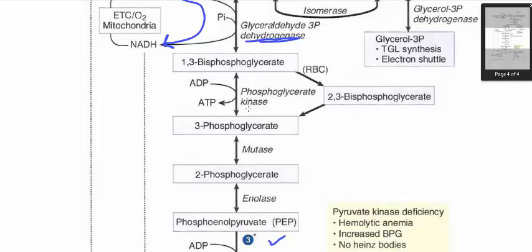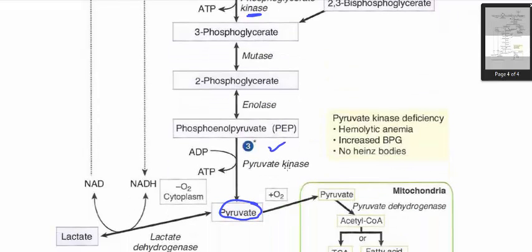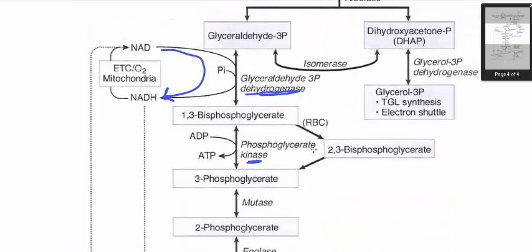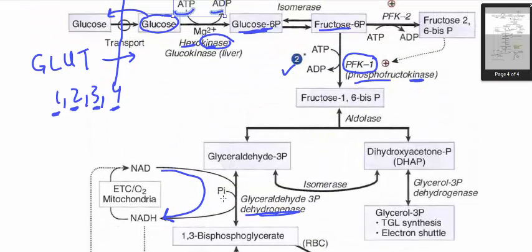The enzyme is phosphoglycerate kinase, and in the last step pyruvate kinase, and again ADP is converted into ATP. Whenever the word kinase comes, it means ADP is converting into ATP, or ATP is converting into ADP. And whenever dehydrogenase comes, it means it is going to remove hydrogen from the substrate, and those hydrogens are going to NAD or FAD to make NADH and FADH, right? So this is an important step.